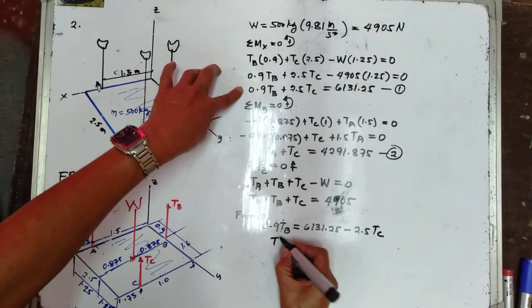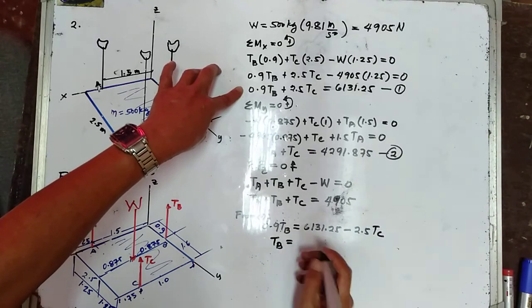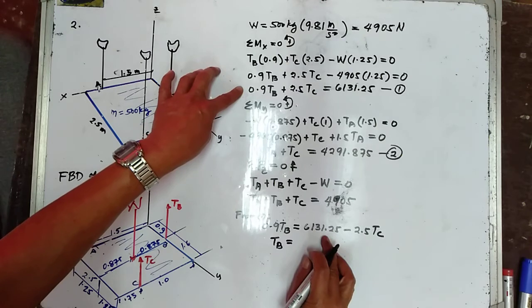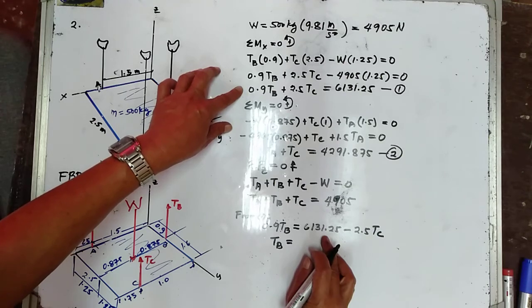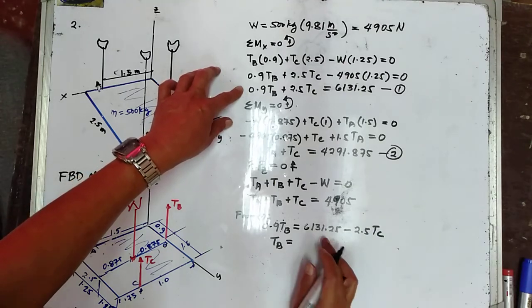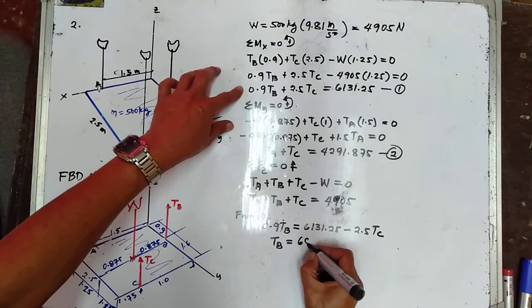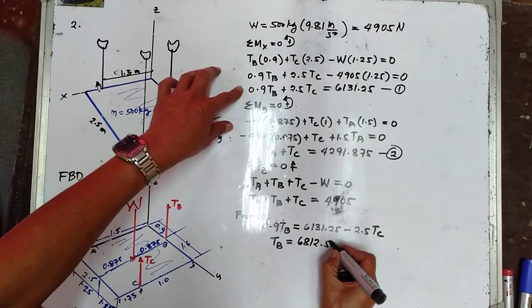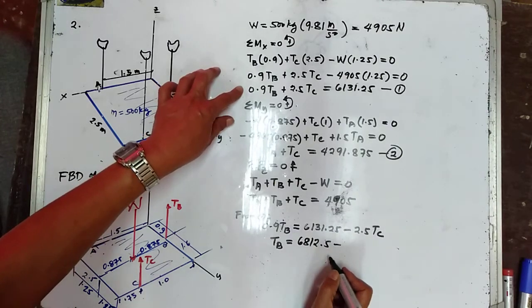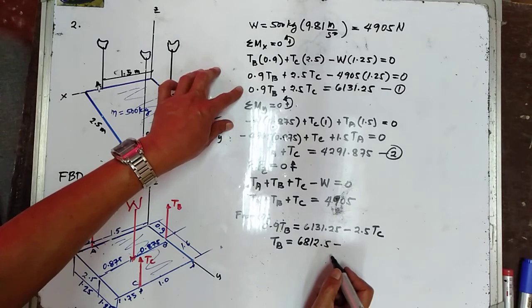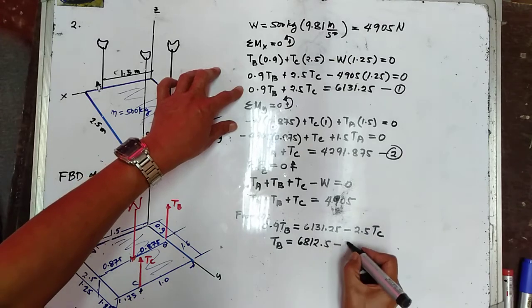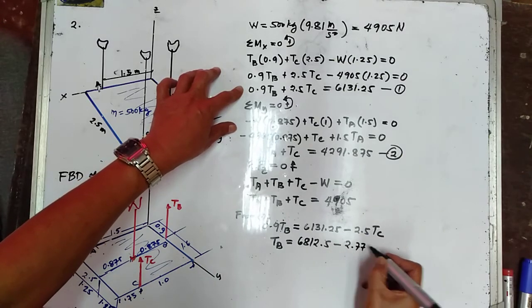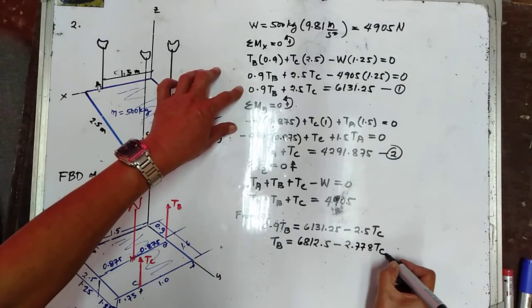So we get TB in terms of TC: 6131.25 over 0.9 is 6812.5, minus 2.5 over 0.9 is 2.778 T sub C.